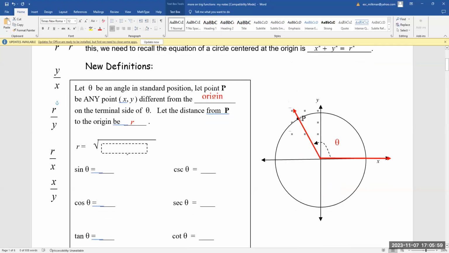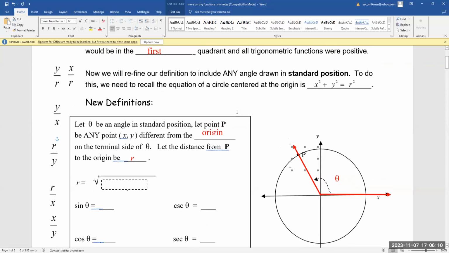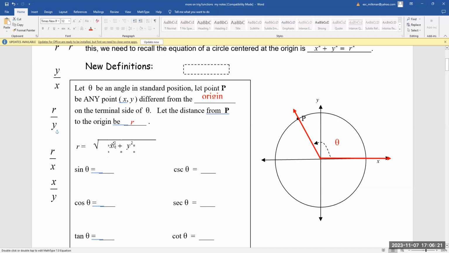Instead of computing the distance formula, what I can do is just take the square root of both sides of x squared plus y squared equals r squared, which is my equation of my circle, which is up here. Or again, think of it as a distance formula, and r is the square root of x squared plus y squared.